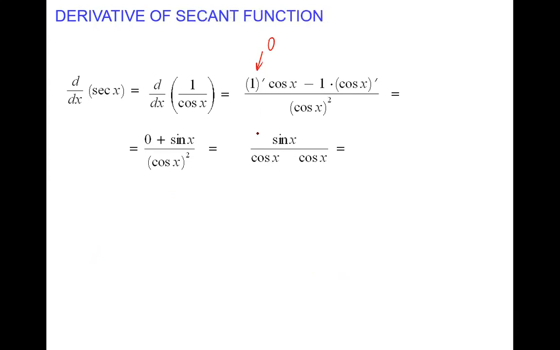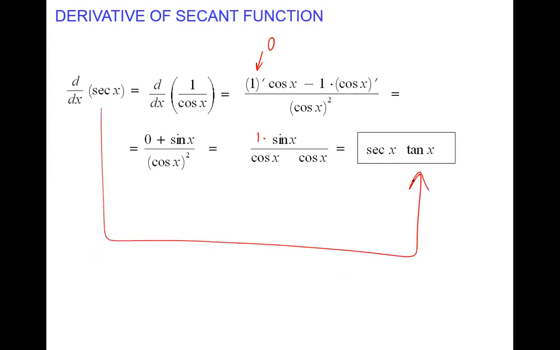And what I did was rewrite it: 1 over cosine is secant of x, sine over cosine is tangent of x. That means the derivative of secant is secant of x times tangent of x. And the last one, cosecant, 1 over sine.